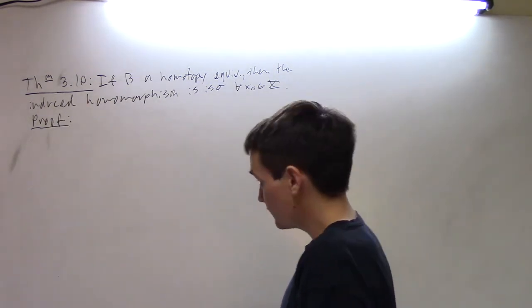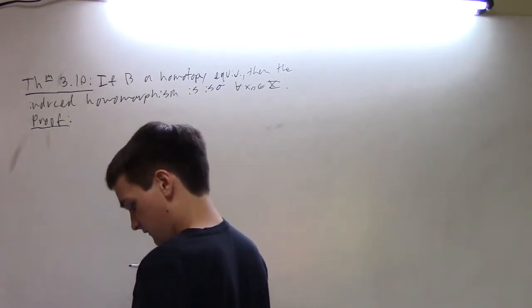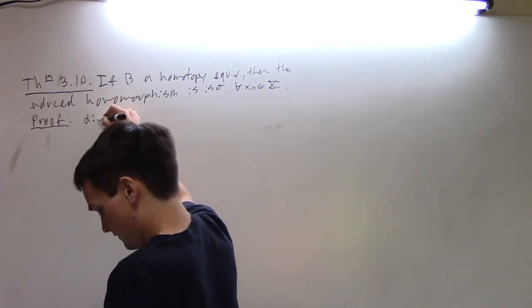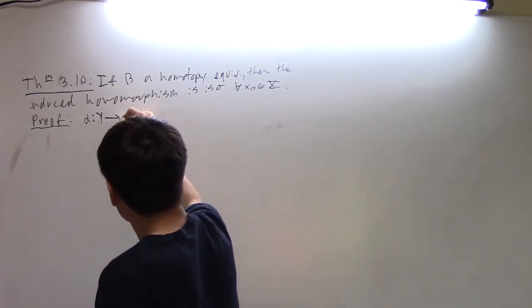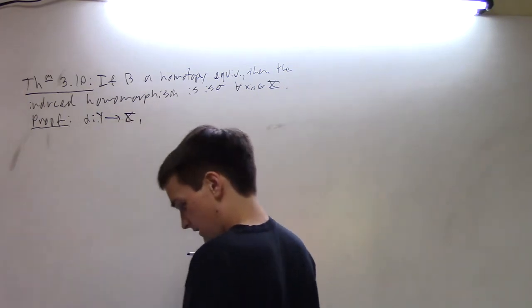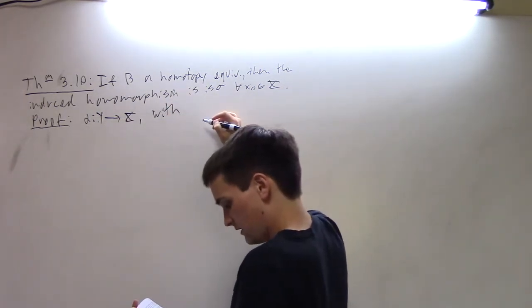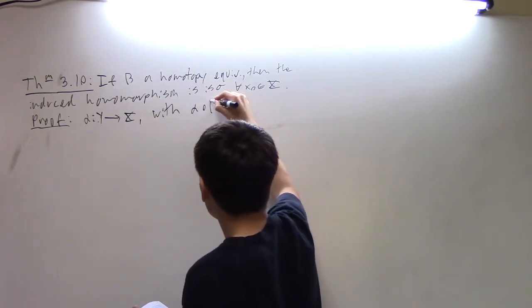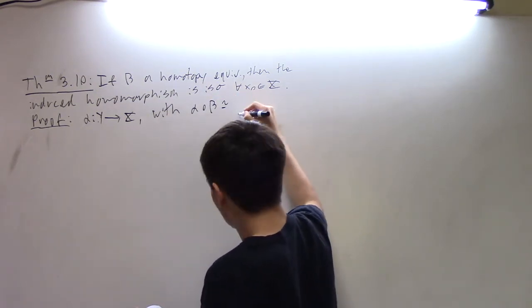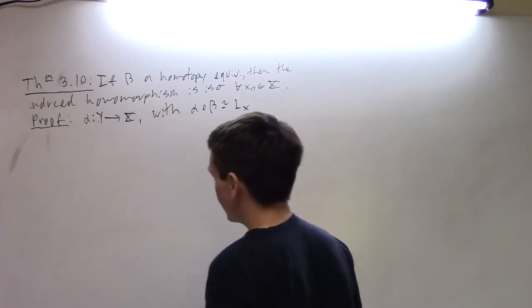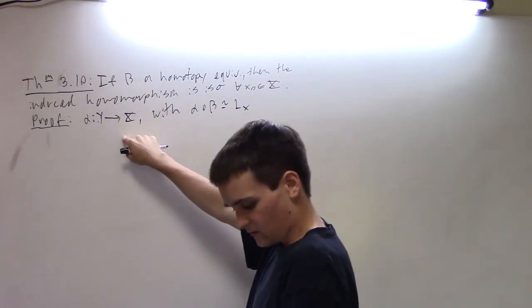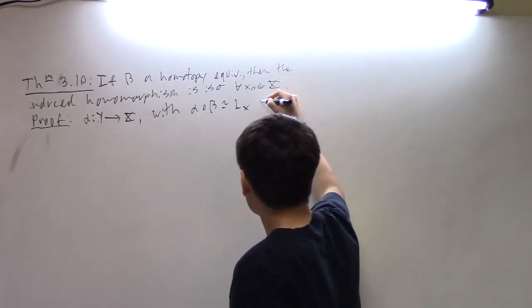So the proof here: choose a continuous map alpha going from y to x with alpha of beta homotopic to 1 on x. So in other words, this is a homotopy equivalence.